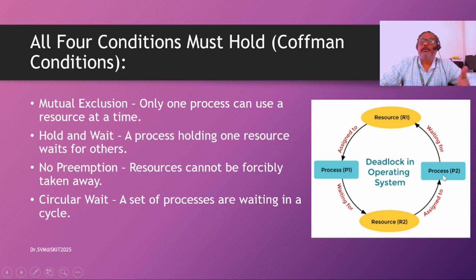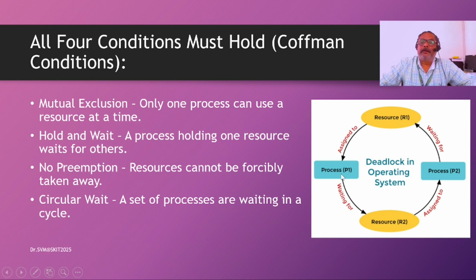Now P2 wants R1, so it waits for R1. R1 is with P1, R2 is with P2, P1 is waiting for R2, P2 is waiting for R1.